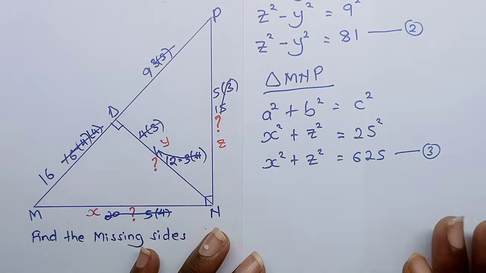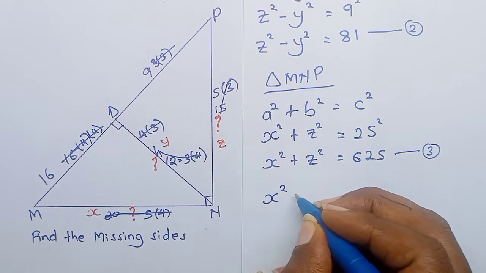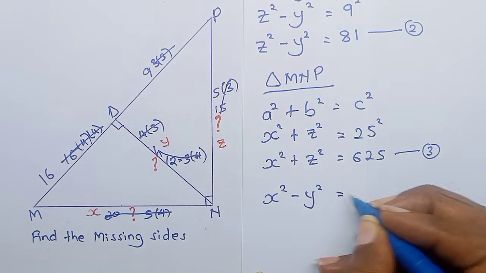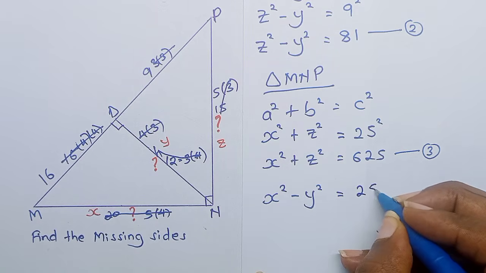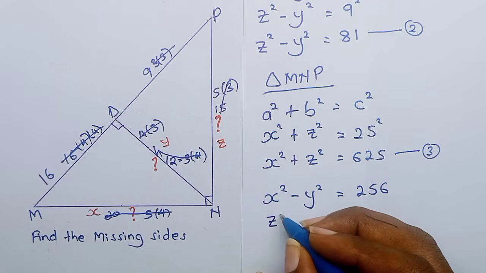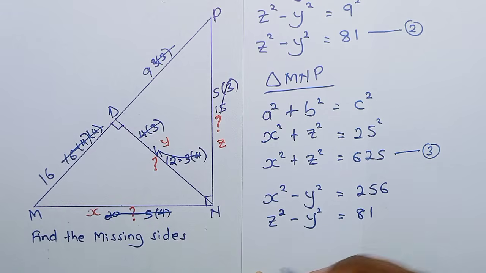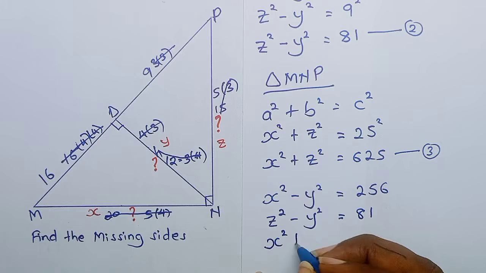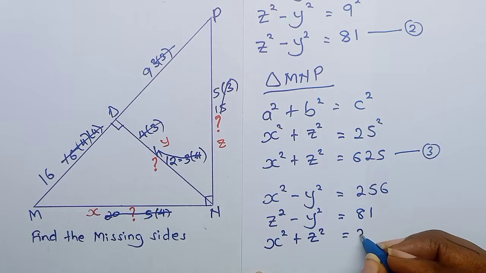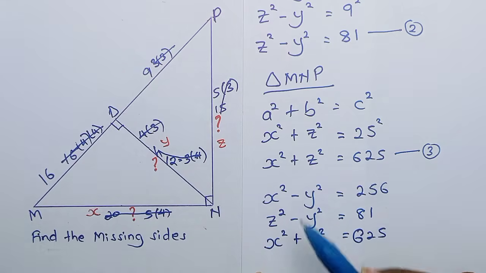So now we have come up with three equations. The first equation was x squared minus y squared is equal to 256. The second equation was z squared minus y squared is equal to 81. And now the third equation is x squared plus z squared is equal to 625. So we come up with a system of simultaneous equations.